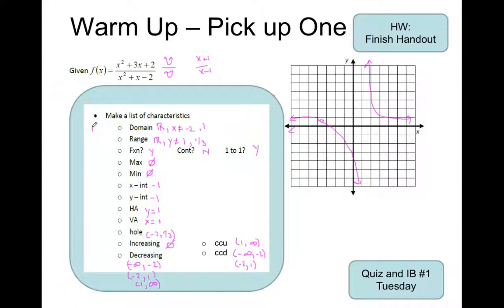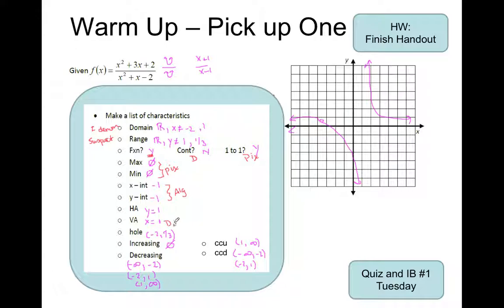Domain comes from factoring the denominator. The range comes from your suspect list. You're always going to be a function. Continuity depends upon if you had any bad x's in the domain, so look at the domain for this. 1-to-1, look at the graph. Look at your picture. Same thing for max and mins. Look at your picture. X-intercept and y-intercept do algebra.